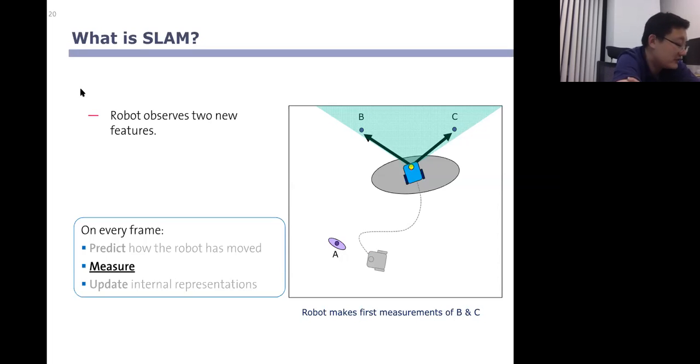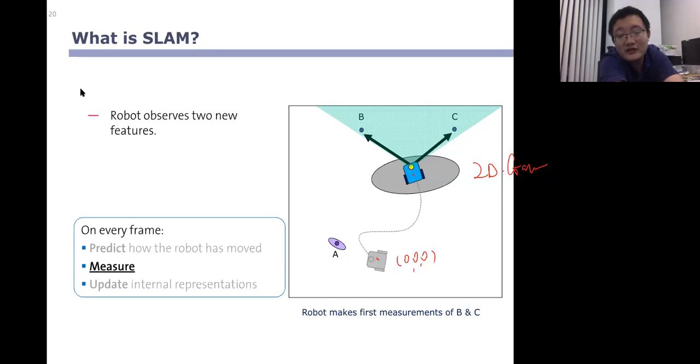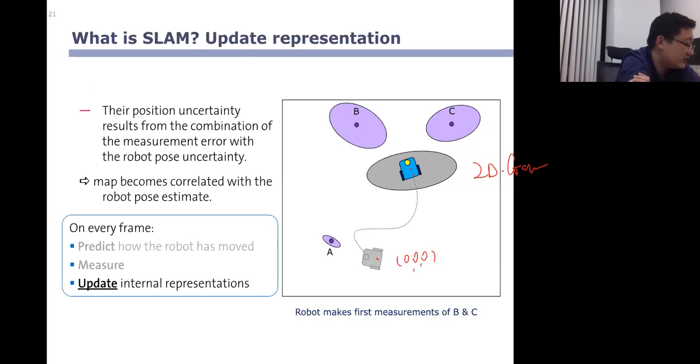Why is that? Because at the initial position, you know exactly where you are. You're at 0, 0, 0. But now you have a robot position that you don't know exactly. It's just a 2D Gaussian with large enough uncertainty. Then your observation of B and C will lead to higher uncertainty in the position estimation of the markers.